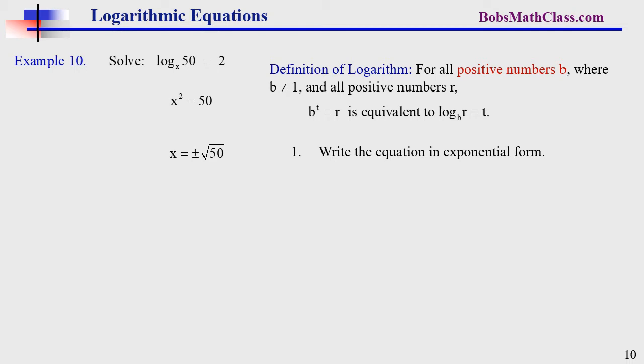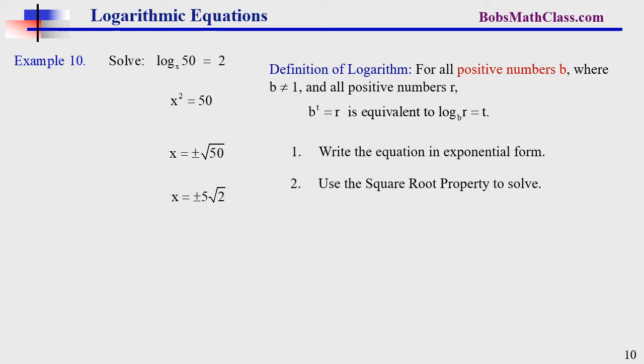Can you simplify the square root of 50? Yeah, that's 25 times 2, or 2 times 5 times 5. So there's a pair of 5s. A 5 comes out, a 2 stays inside. So x equals plus and minus 5 square root 2.